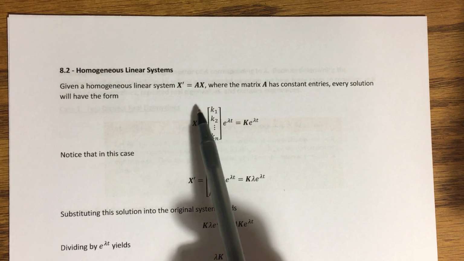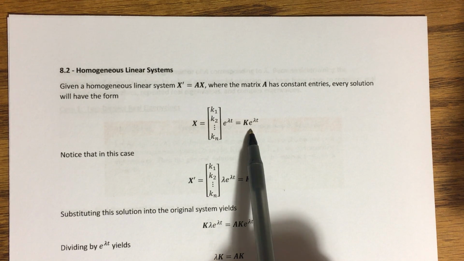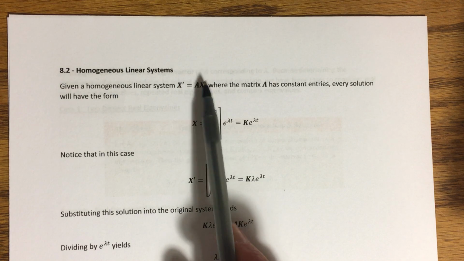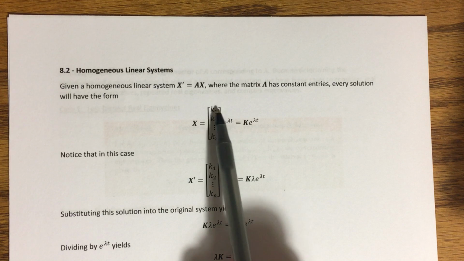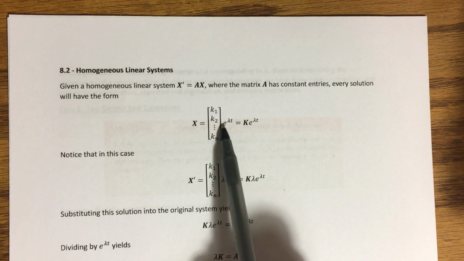We're going to take it on faith here that every solution is going to have this form. That X there is the solution vector to this system, and it's always going to have the form of some column vector of constants, the K's here, times an exponential function.